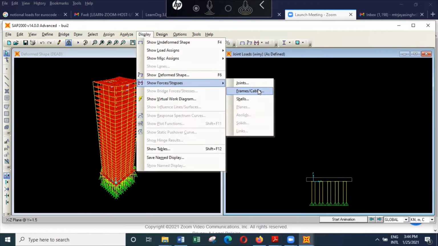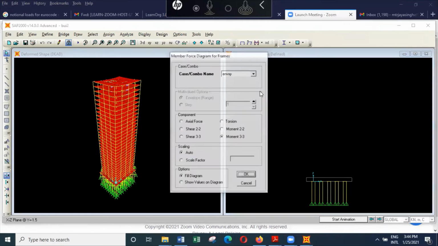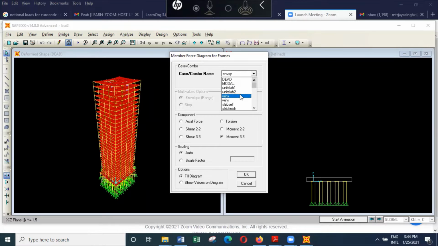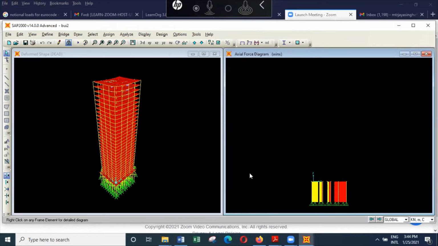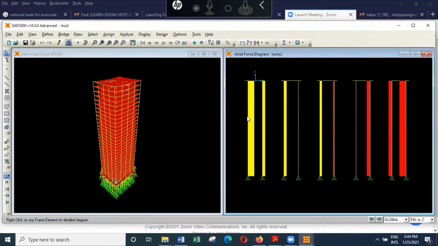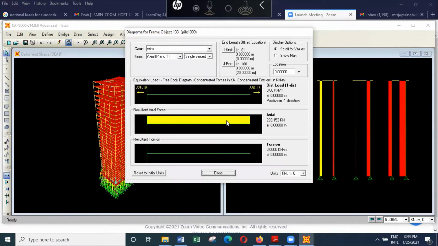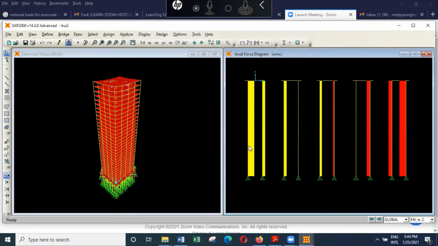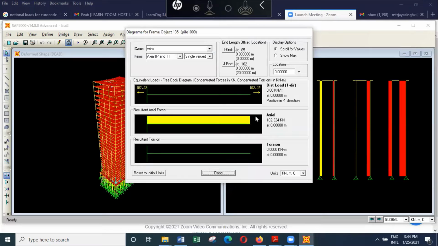Display, show forces, wind x. Then you can get some idea about what's happening. And here you can see, wind x, axial force is 220 and this pile is 102.